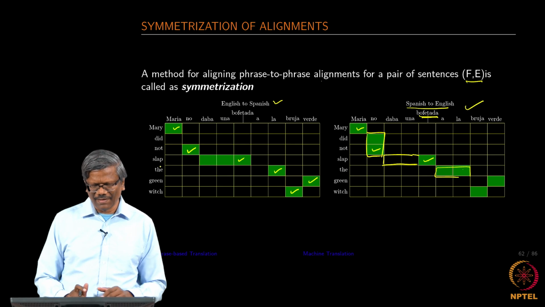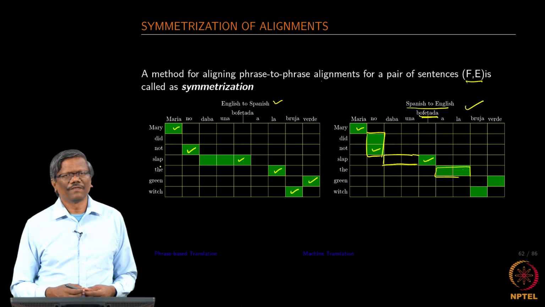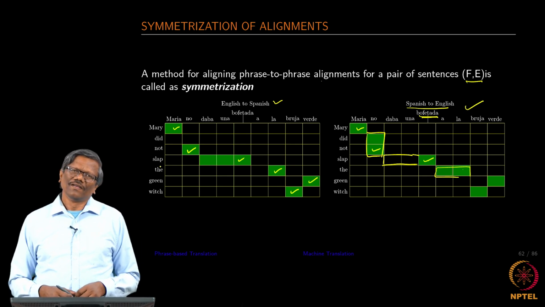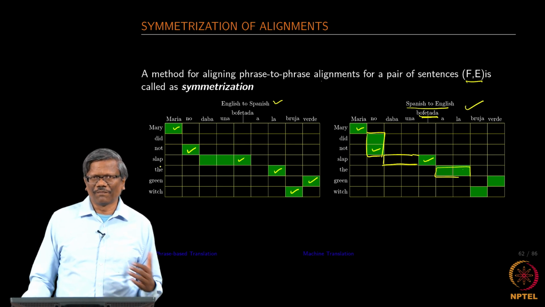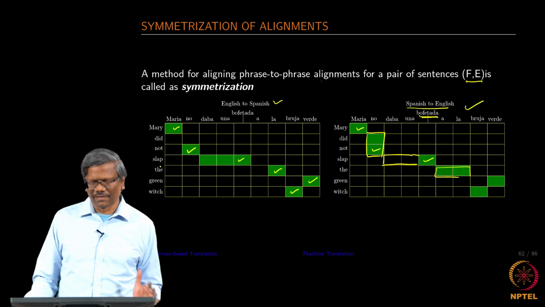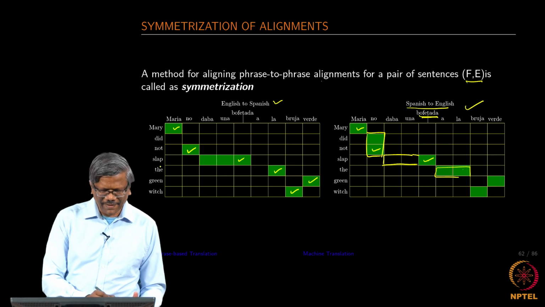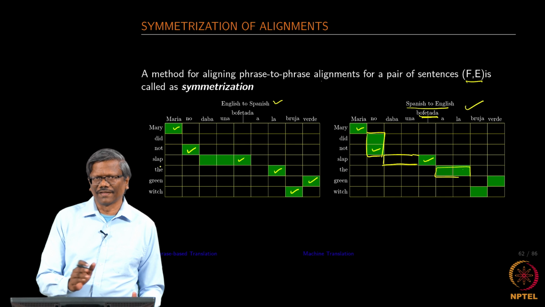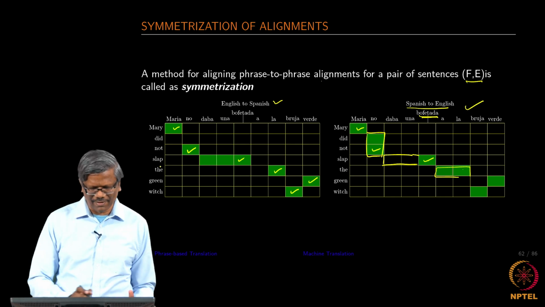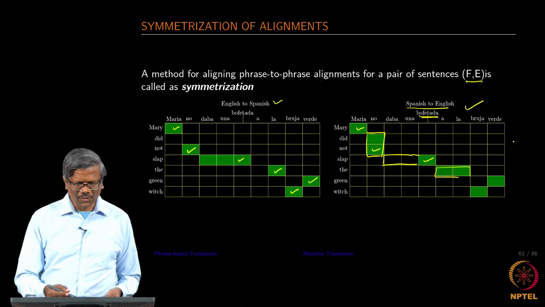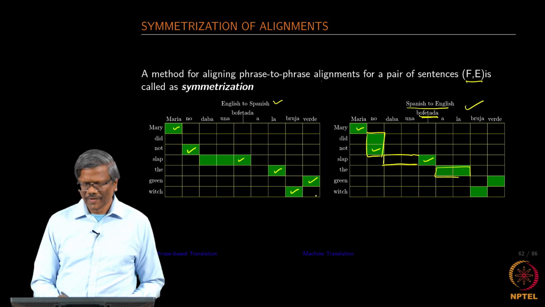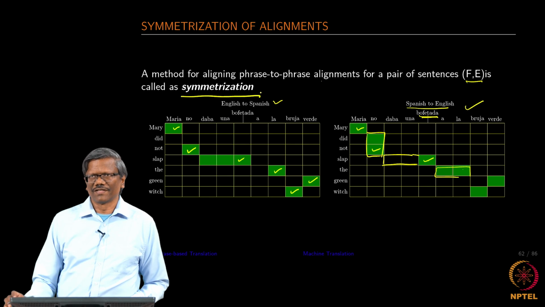That will really help you in understanding this. Or, if you are not keen on taking a foreign language you do not understand, take a sentence in your mother tongue and translate it into English, and then try to fill in this table in this form. By doing that you will understand the process of symmetrization very well.